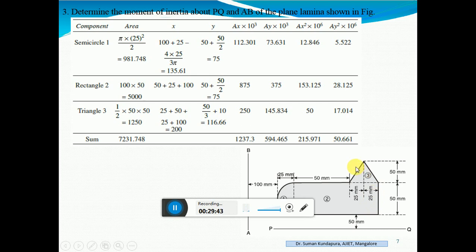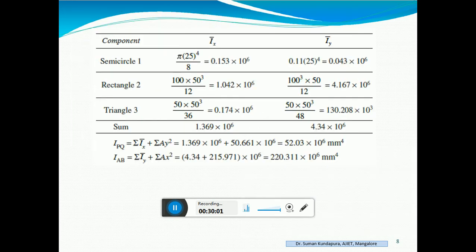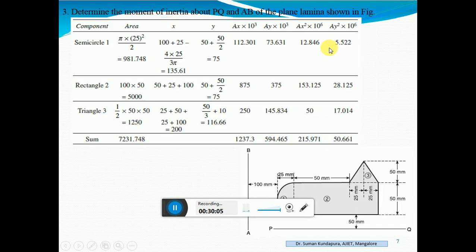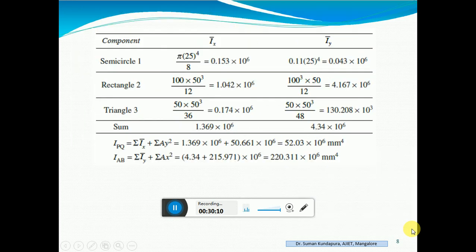Okay. So please remember the formula here. When the reference axis was AB, the Iy bar was different, right? Whereas here reference axis is PQ. We found it is DB cube by 48.